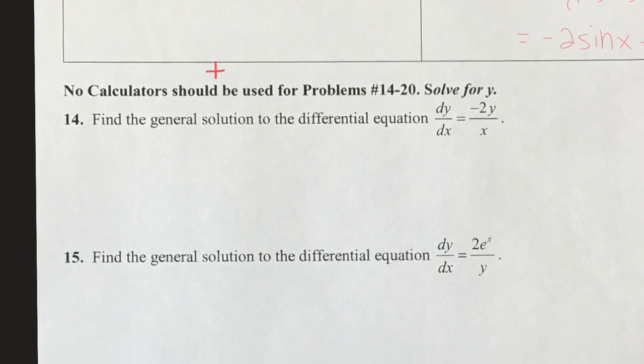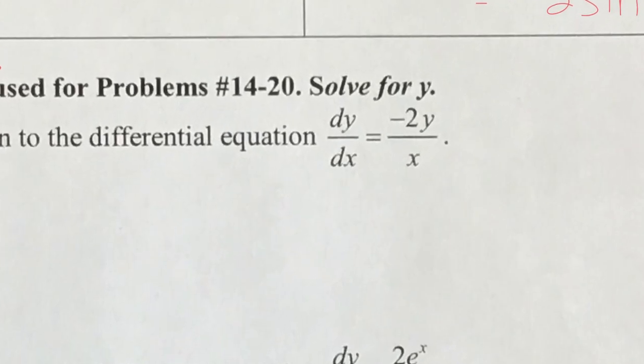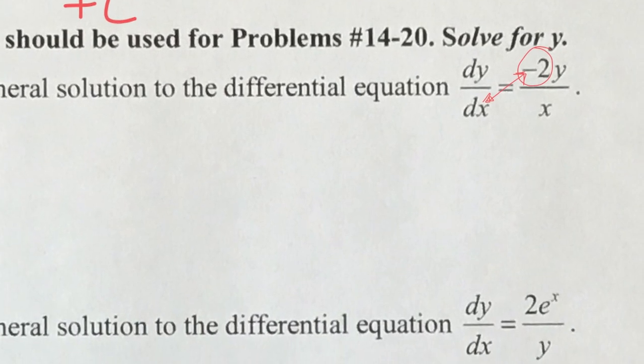Okay, so the rest of these are finding general solutions. Remember, a general solution has a plus c with it, so we would have to solve for y, but it's going to have a c in there. Okay, so our first step is to separate. So we're going to switch your numerator with your denominator, and I'm going to leave the 2 alone over there. Okay, so my 2 is going to stay on the right side.